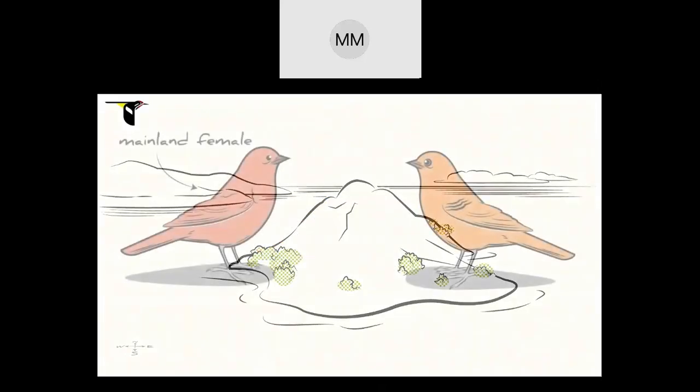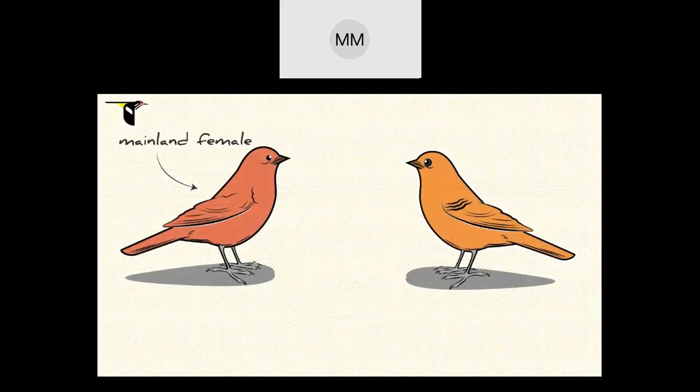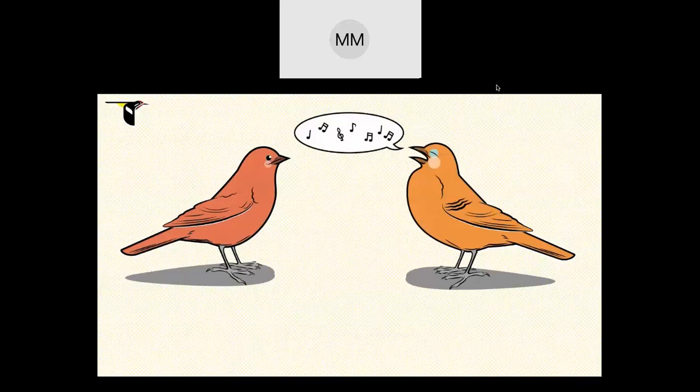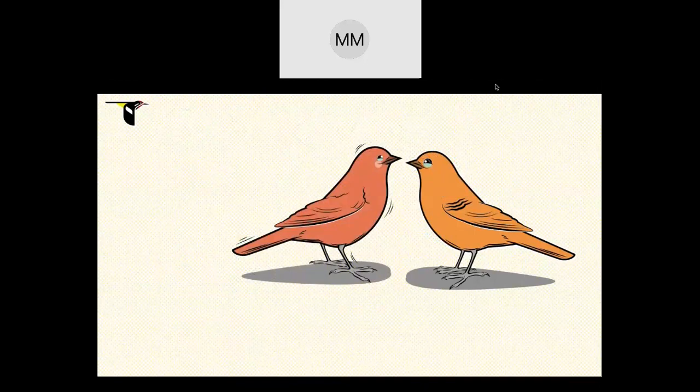Well, let's put our definition to the test. If we introduce a female from the mainland species to a potential mate from the island after 200 generations in isolation, about 400 years in bird terms, will they mate? It appears that these two still recognize each other as members of the same species.